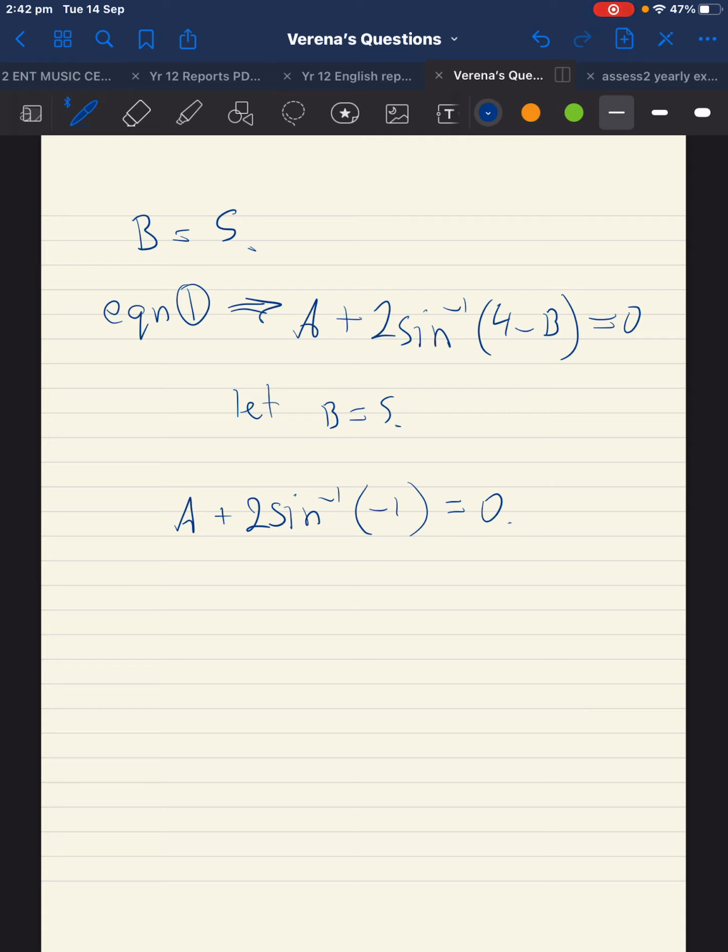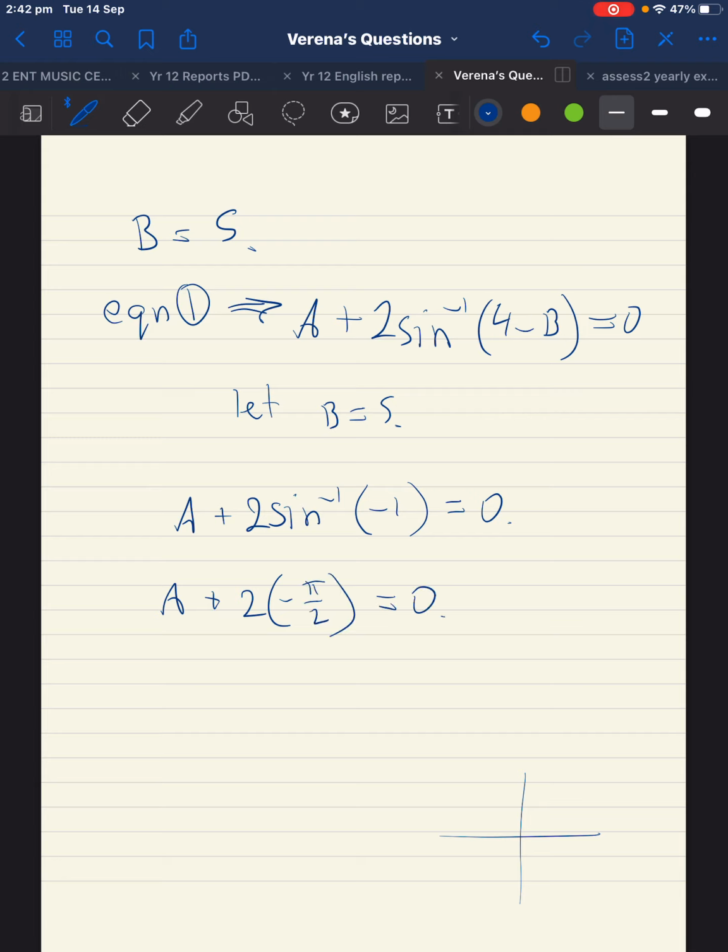From here, then we have inverse sine of -1, and again, I would say to you, if you know what your inverse sine looks like, this ends up being a minus pi on 2. So we end up with 2 times minus pi on 2.